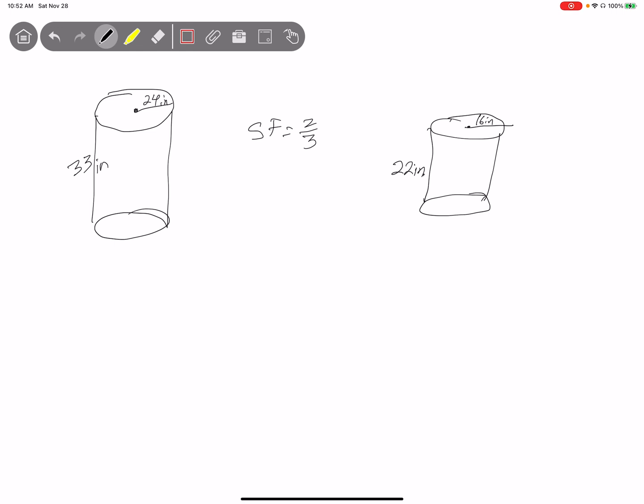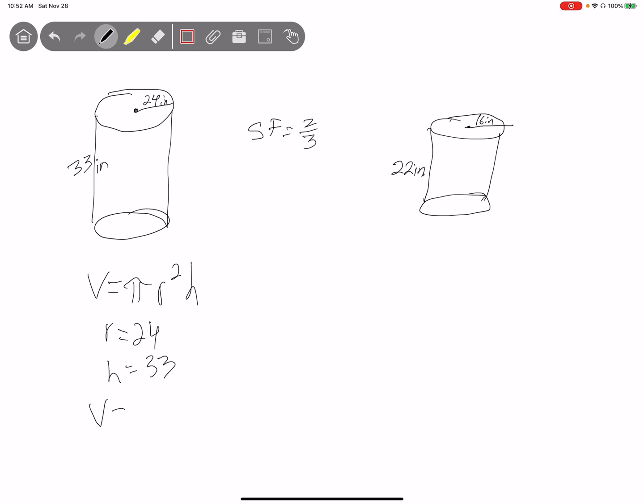So let's look at the volume here. Well, the volume of the original one, remember, volume equals pi times the radius squared times the height. In this case, the radius is 24, and the height is 33.